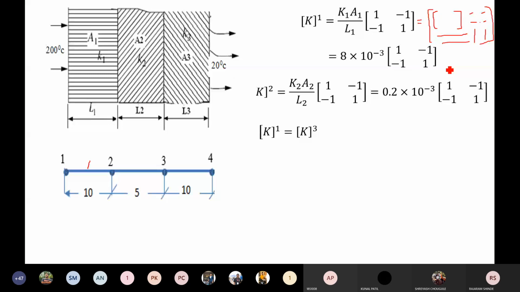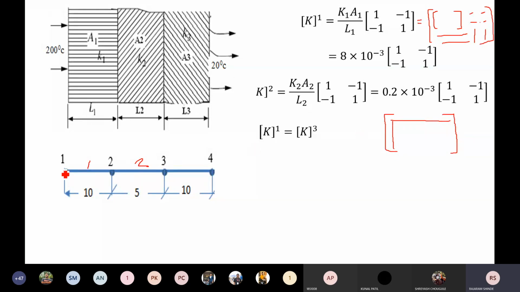Yes, sir. Now for the second element you see here, if we consider this as the second element, node number 1 is not attached to the second element, node number 4 is also not attached to the second element. So when we write the continuity matrix for the second element, your first row is 0 and first column is 0. Why is the first row 0?